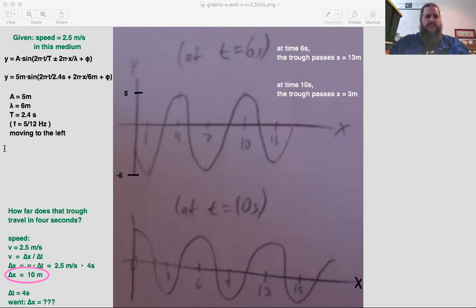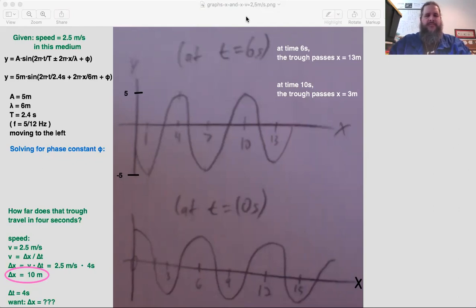And then you can also choose a point on that graph for x and y, and then solve for that constant. Yeah. And typically we want to pick a crest or trough to avoid ambiguity. Because if you pick an equilibrium point, equilibrium shows up twice in each cycle, so that's ambiguous. But if we choose a crest or a trough, what would be coordinates that are definitely a crest or definitely a trough?